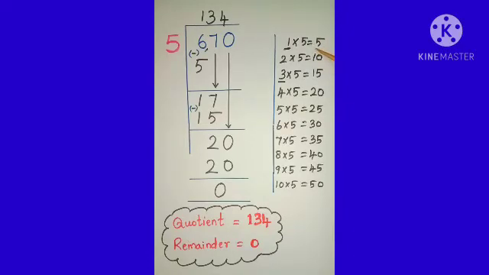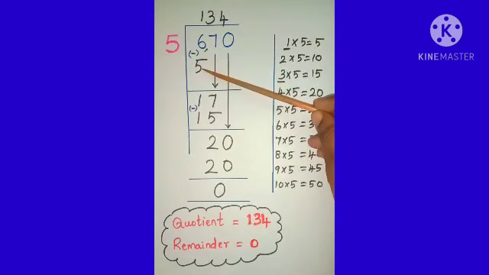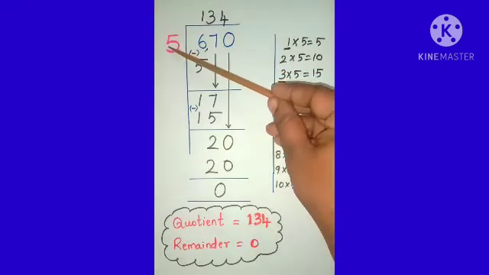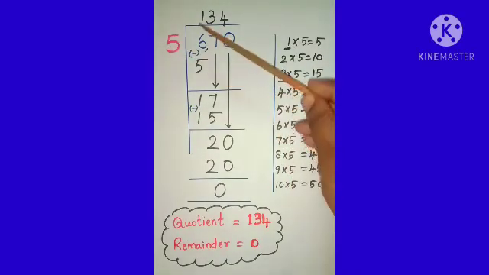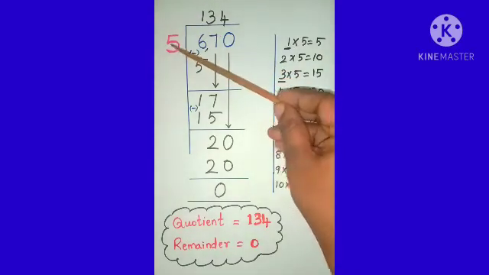Now students, here multiplication occurs. Write 1 above the bar, and 5 is the divisor, write the 5 below the number 6. That is 1 5 is 5.